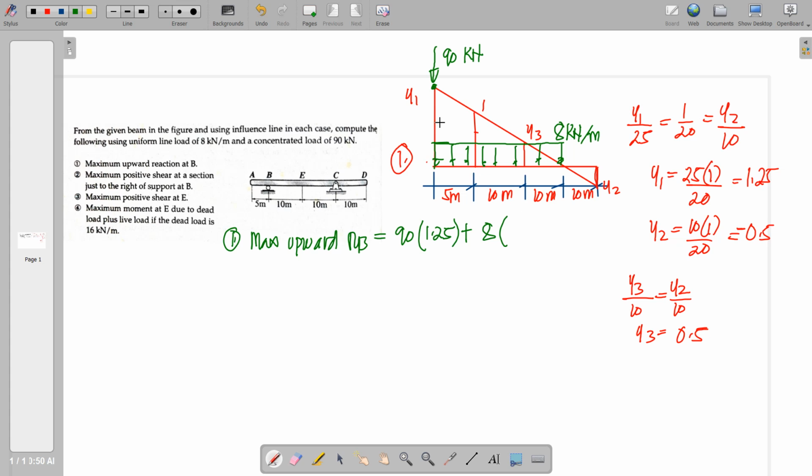So that is y1 is 1.25 with the base of 25.